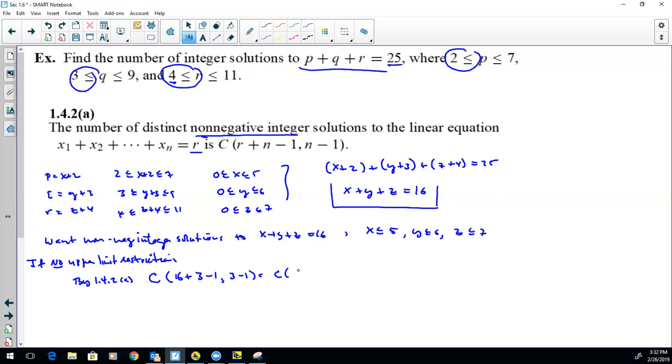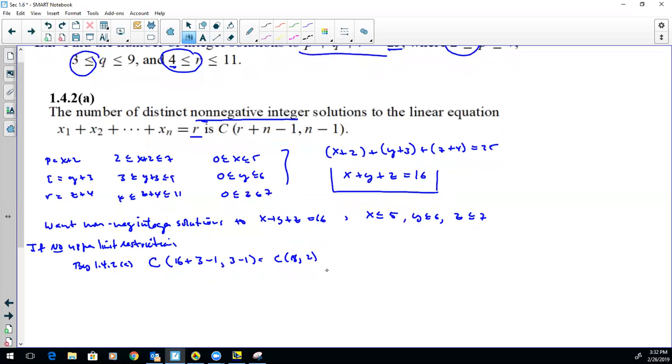This is the number of ways of picking, from 18, picking 2 things. And I've got a number for that somewhere. Well, I'll get that in a minute. Okay, but I do have some restrictions.